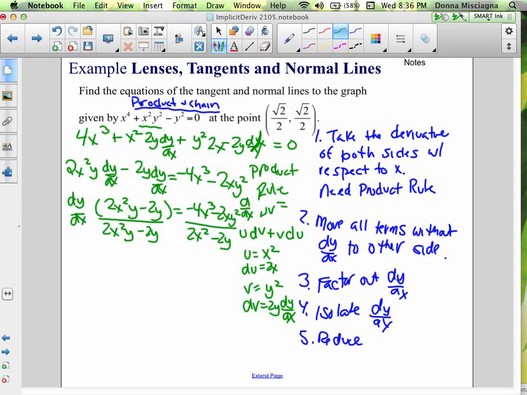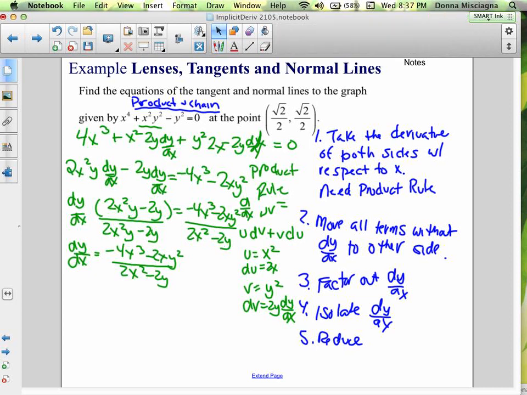So dy dx equals negative 4x cubed minus 2xy squared divided by 2x squared y minus 2y. And if you notice, every single term is divisible by 2.